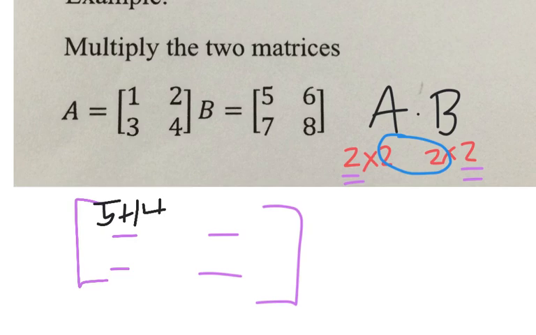Then I'm going to multiply the first row by the second column. And guess what position that goes into? First row, second column. Right? I mean, I have to say that to myself to keep myself straight. First row by the second column goes in the first row, second column. 1 times 6 is 6. 2 times 8 is 16.